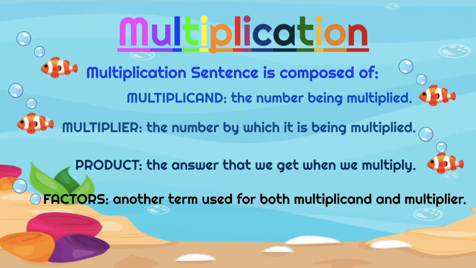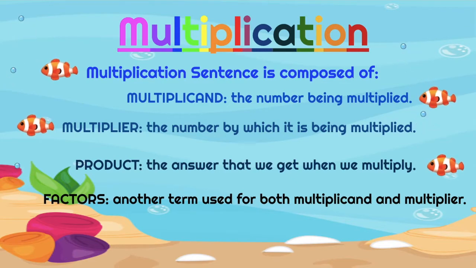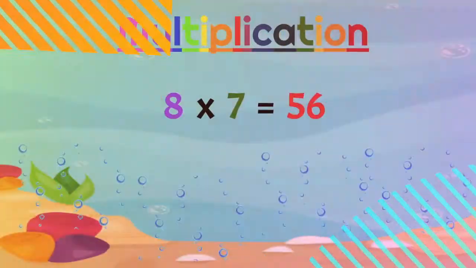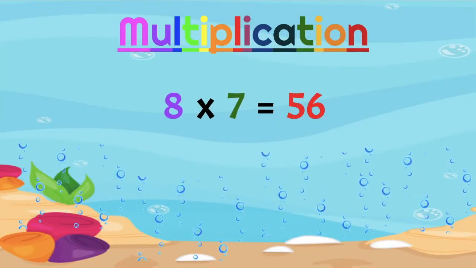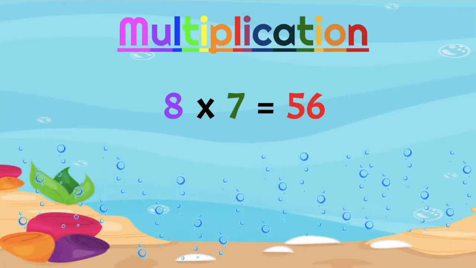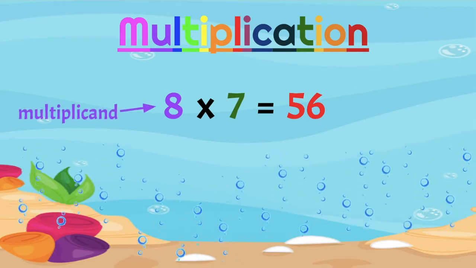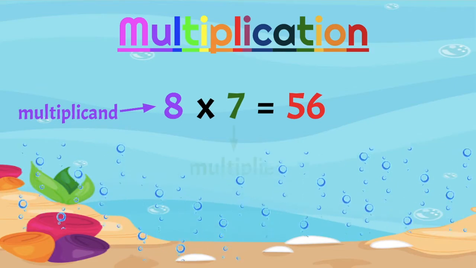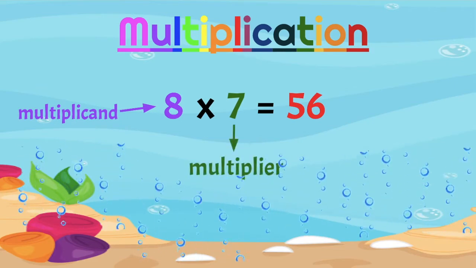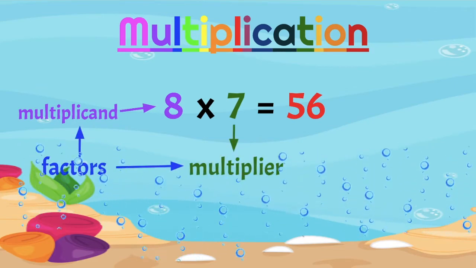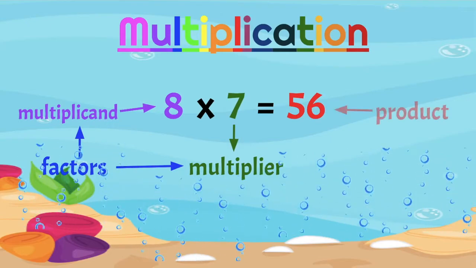Factors is another term used for both multiplicand and multiplier. In the multiplication sentence 8 times 7 is equal to 56, our multiplicand is 8. Our multiplier is 7. Both 8 and 7 are factors, while 56 is our product.